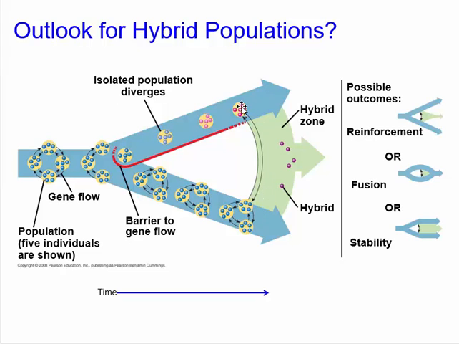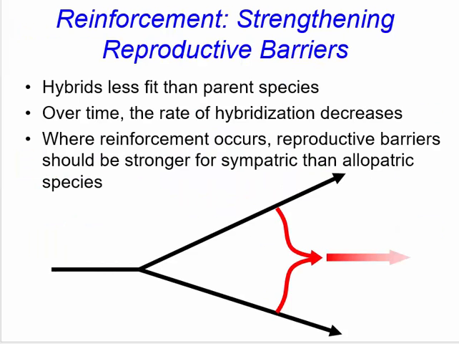So we say, well, they're different species, but they can still hybridize and produce these hybrid organisms in that hybrid zone when they come back in contact with these other populations. So what could happen? Reinforcement, fusion, or stability. And let's talk about each one of those, starting with reinforcement.